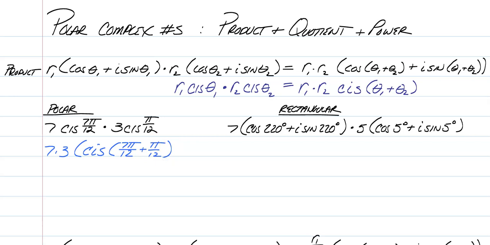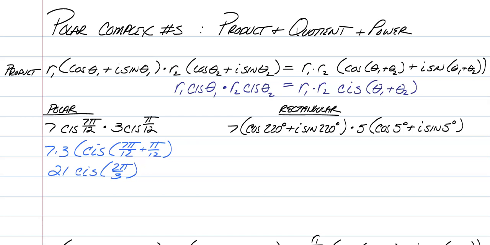Okay? And then we know that 7 times 3 is 21, CIS, and 7 plus 1 is 8 twelfths. 8 twelfths is going to reduce to 2 pi over 3. And we're done. That's it. That's how you do polar. It's that simple. It just looked crazy, scary, not bad.